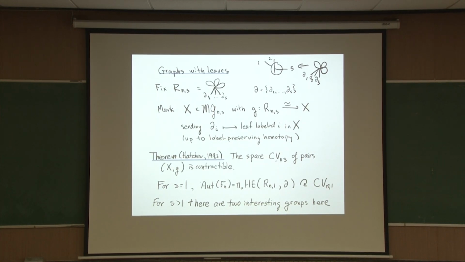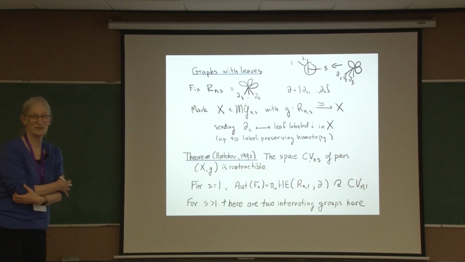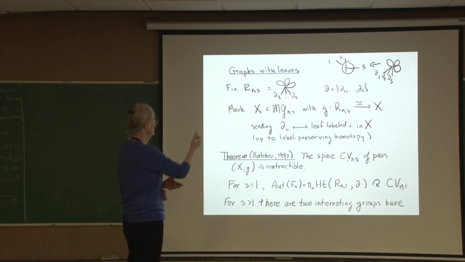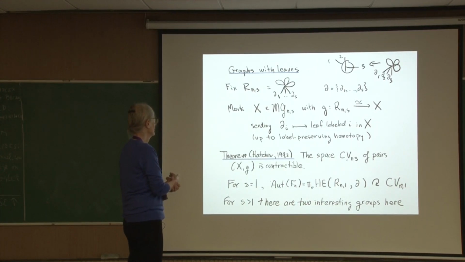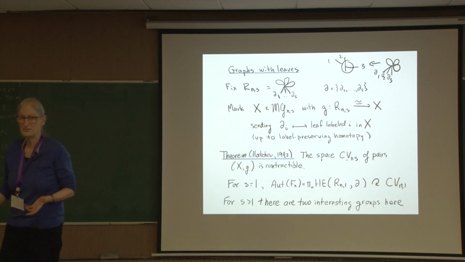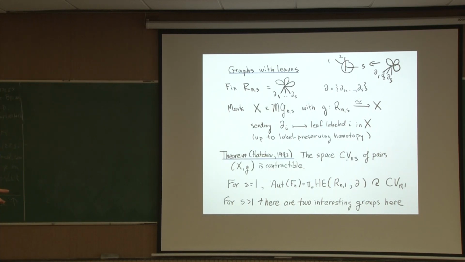And of course, again, there's an equivalence relation on these pairs consisting of a graph with leaves and a homotopy equivalence. But I have to assume that all of my homotopies always preserve the labeled leaves. Okay? And Allen Hatcher proved, in fact, that if you add leaves, the space of graphs with leaves, of pairs consisting of X and g, is still contractible.